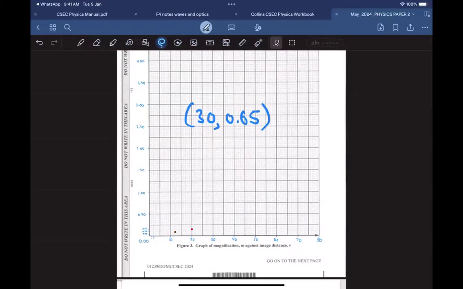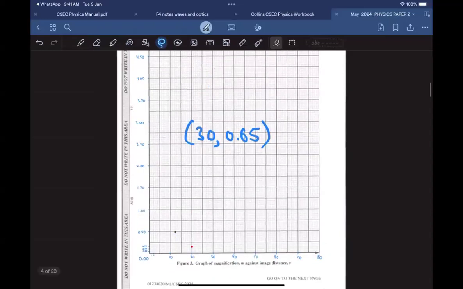Right? So Nicholas, I see you already played down. Actually, oh wait, no, you didn't put a point there. Show me where 30, comma 0.65 is. How do I make the line thicker to annotate?